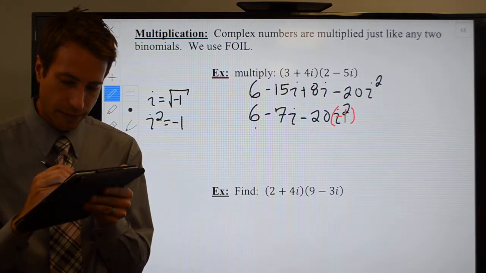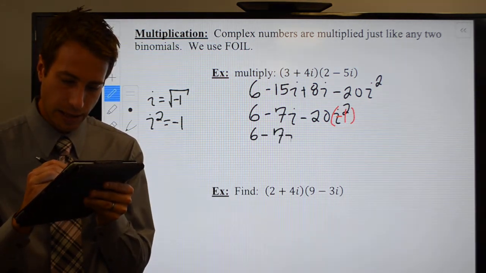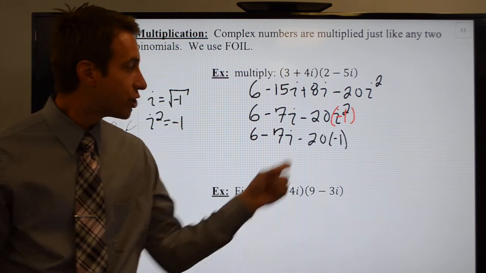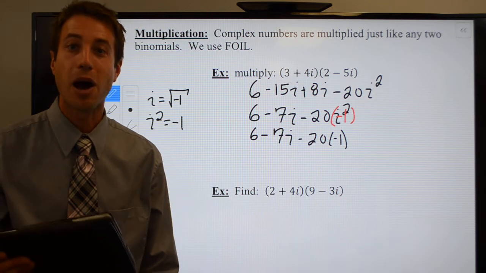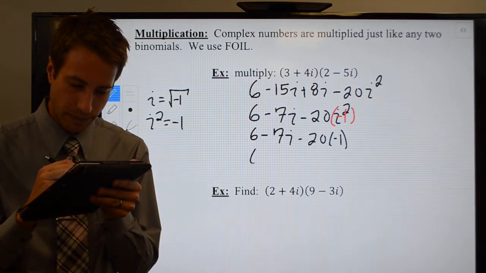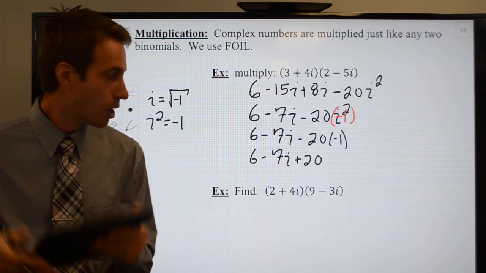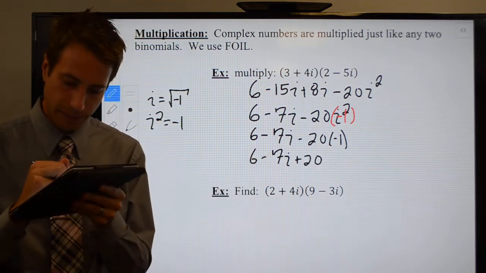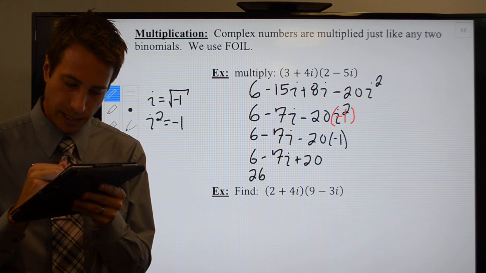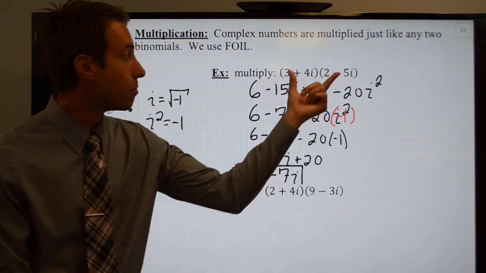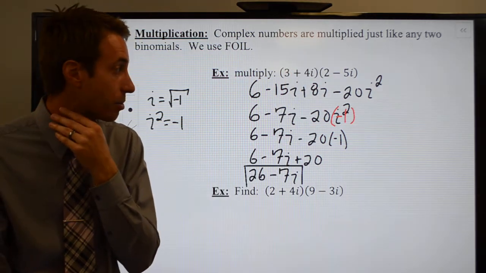And here's what I've got: 6 minus 7i minus 20 times a negative 1, which simply makes this a positive 20. Well, 6 plus 20, 26 minus 7i is your product for multiplying those complex numbers together.